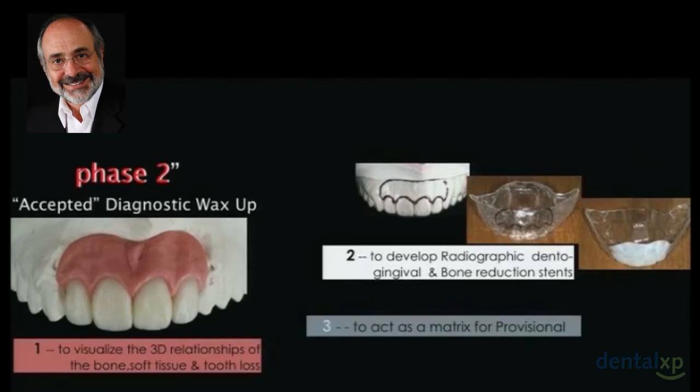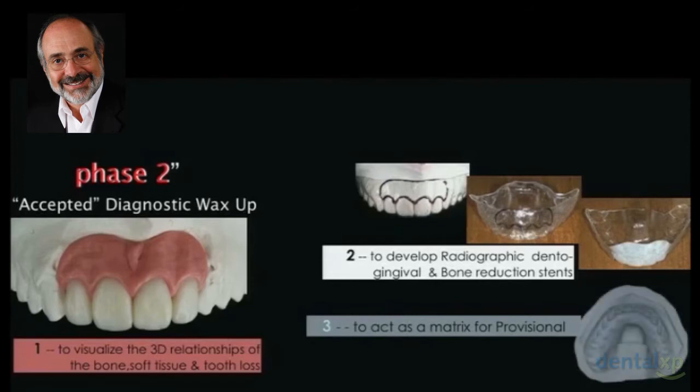I also take this and I use a Siltex matrix over it, because this gives me right from the outset a final form for the prosthesis. No lab man is going to have to sit and guess, Garber put the implants in the wrong place, I'm going to try and make them work.